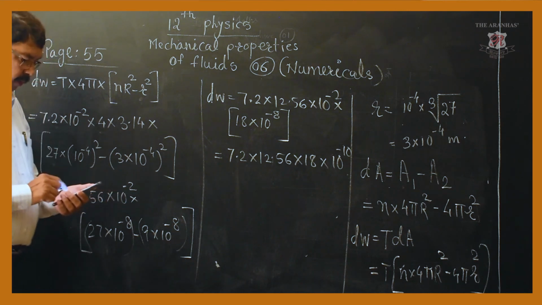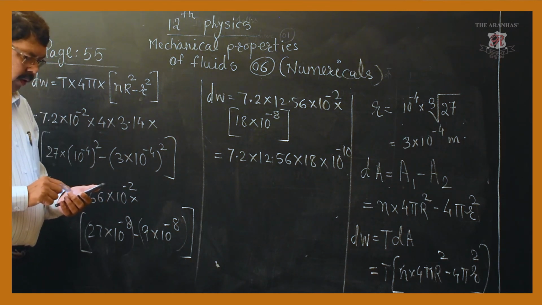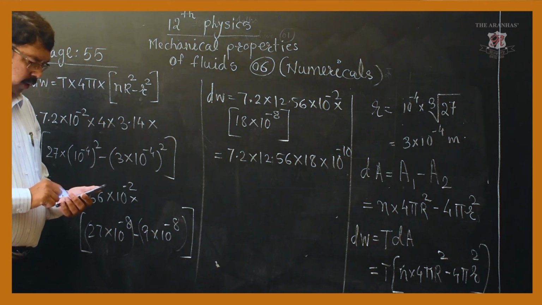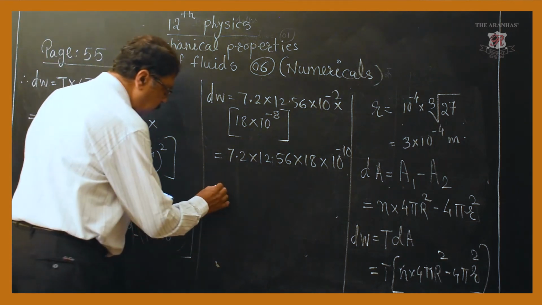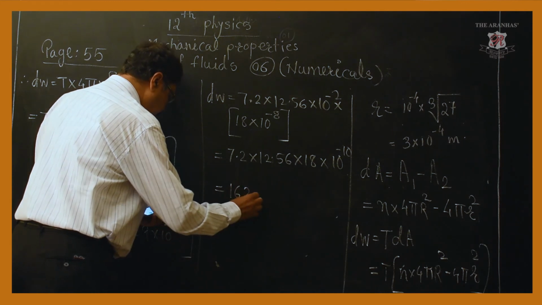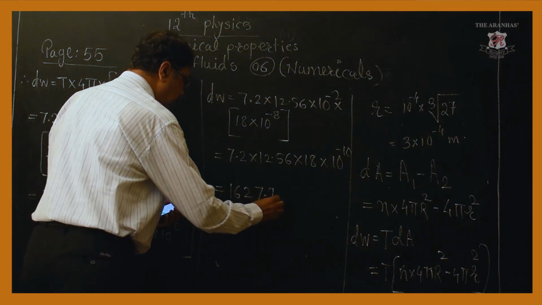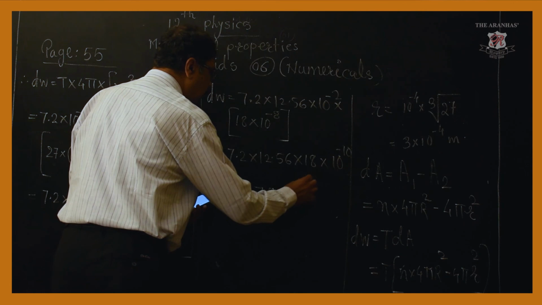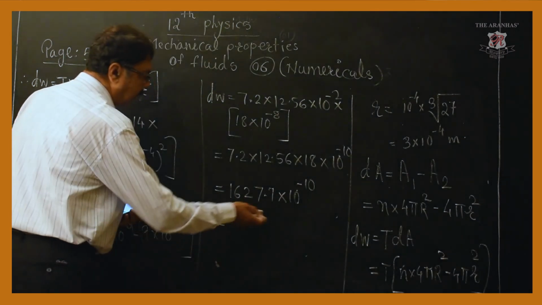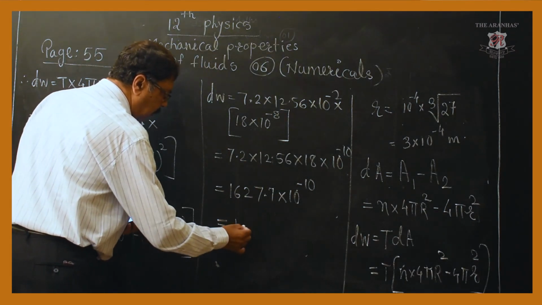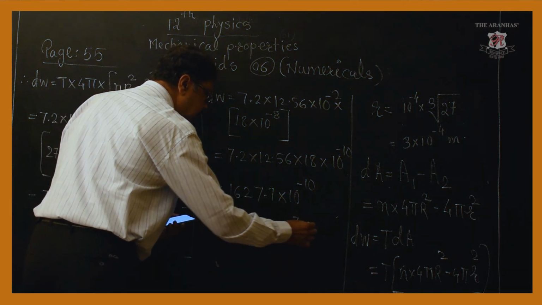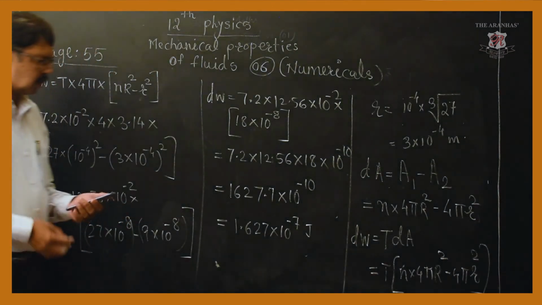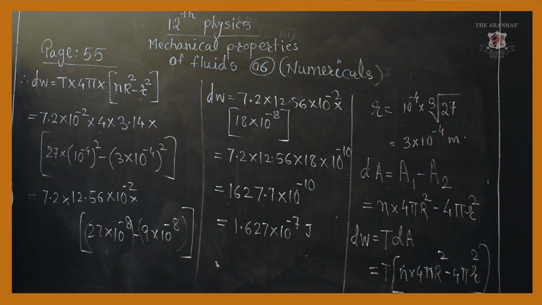What are the numbers? 7.2 into 12.56 into 18. So this comes out to be 1627.7 into 10 raised to minus 10. Or I can shift the decimals. 1.627 into 10 raised to minus 7 joule. So this is the answer that we are getting.